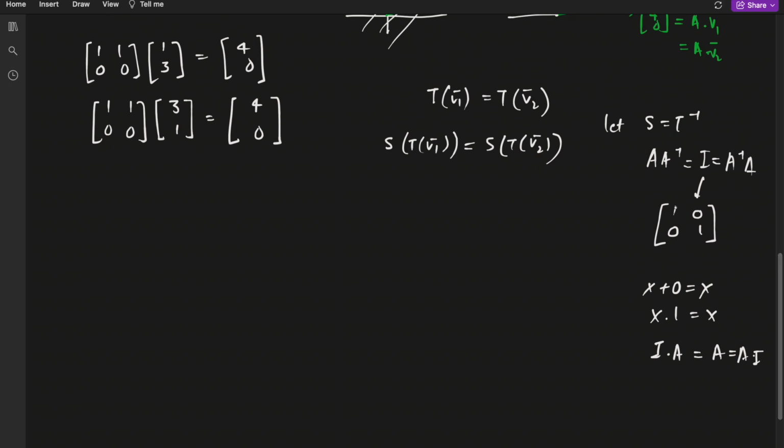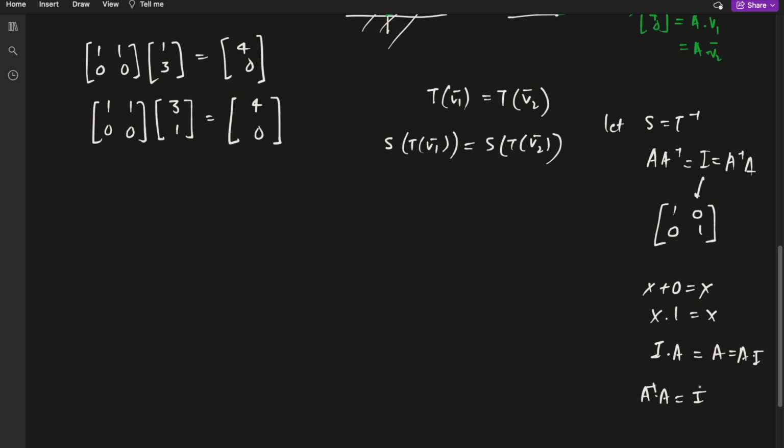Because A inverse is undoing the effect of A, if I multiply A with its inverse, I will get the identity matrix, which basically means I did nothing. I first applied A, then it goes in the opposite direction. So I first did the transformation A, then I did the transformation A inverse.